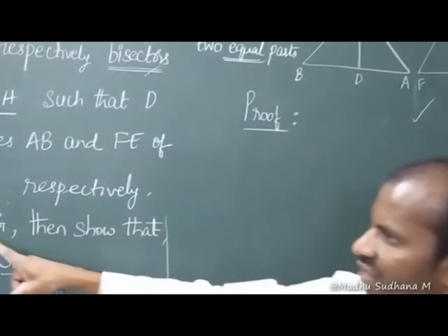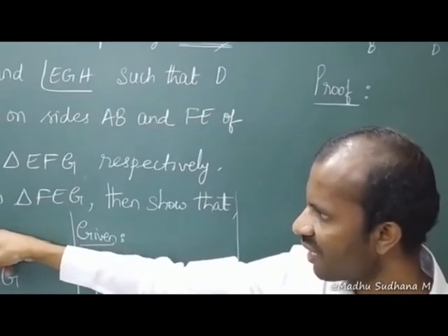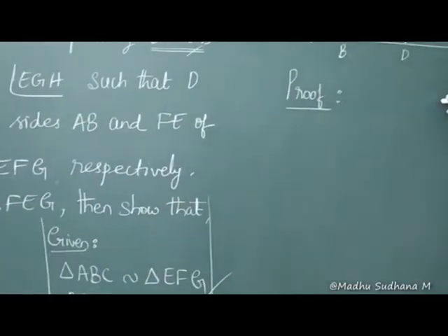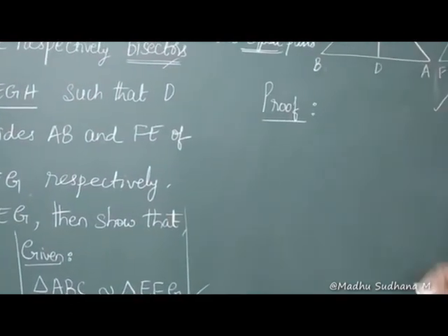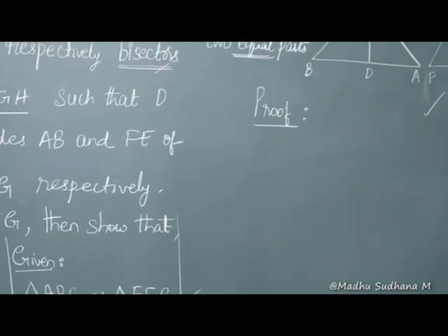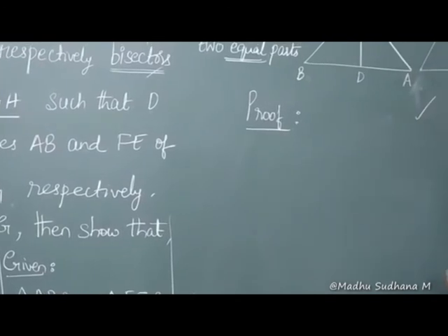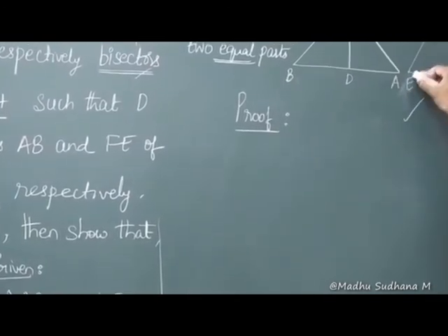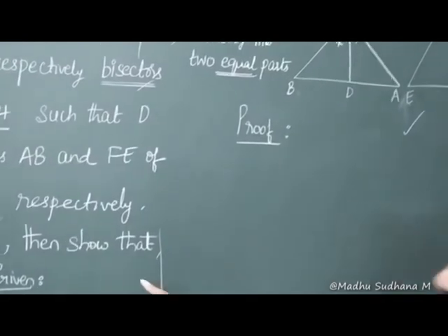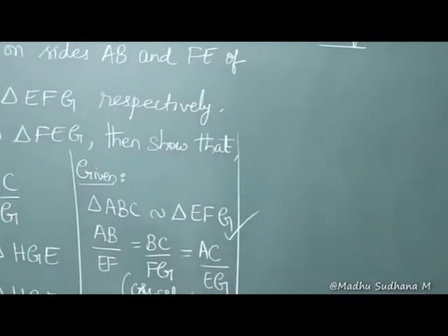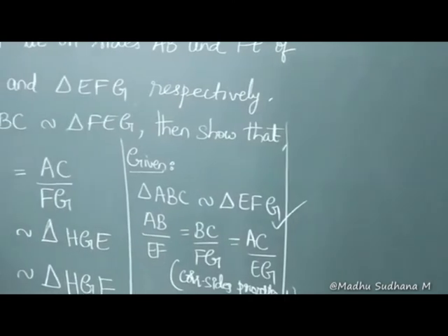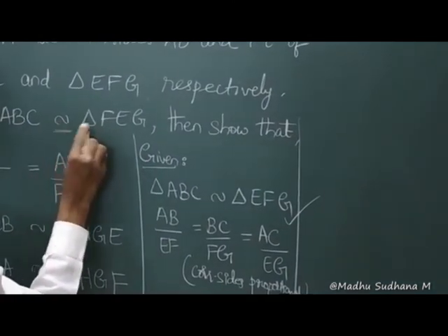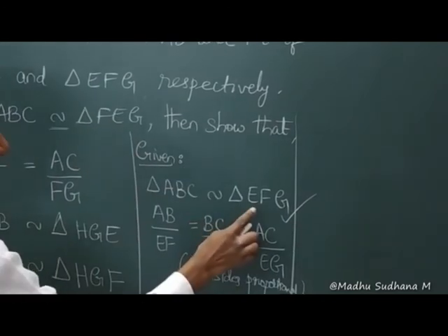But in the given question they have said very clearly, similar to triangle FEG. So please go in order A, B, C. Let me erase this and write, this is F now, and this is E, and this is G. So in the given question itself, triangle ABC is similar to triangle FEG. So we have made a mistake here.